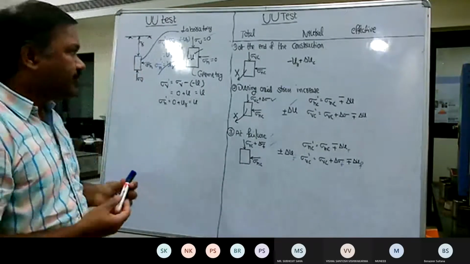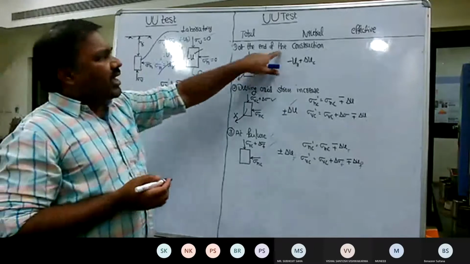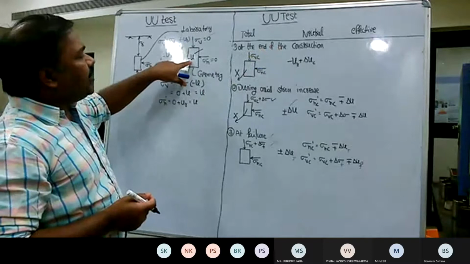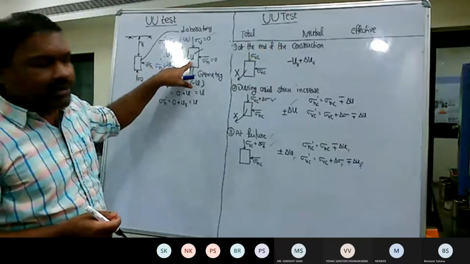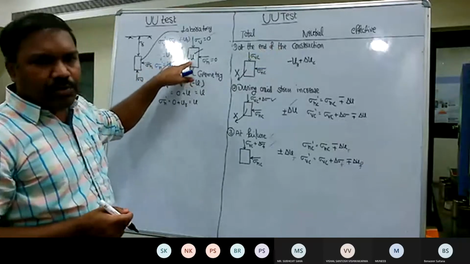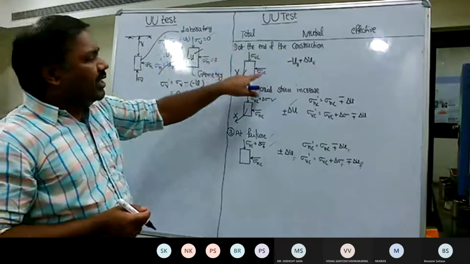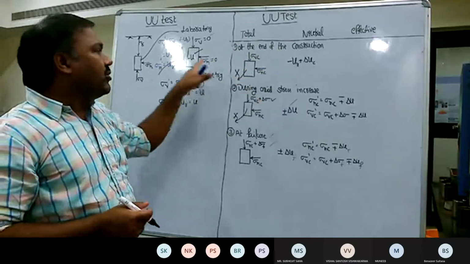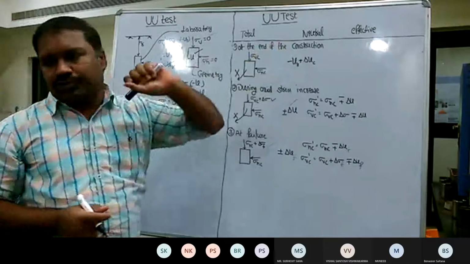Now, at the end of the consolidation, the initial state is negative pore water pressure. On this negative pore water pressure, you are applying the confining pressure, so it will turn from negative to positive.